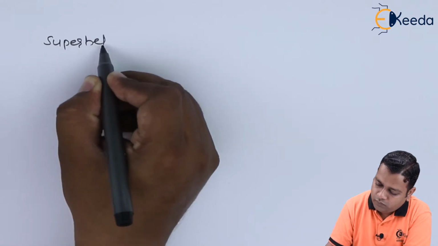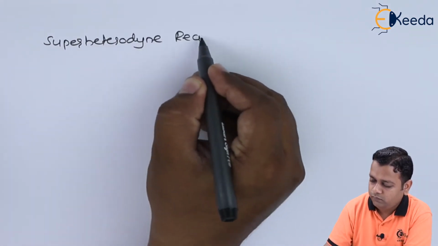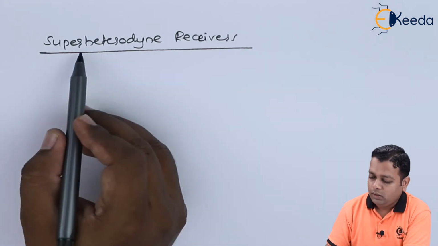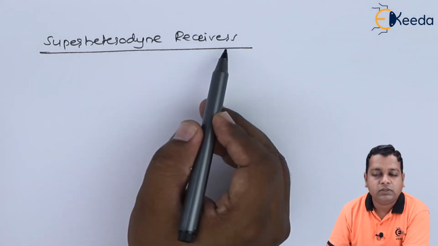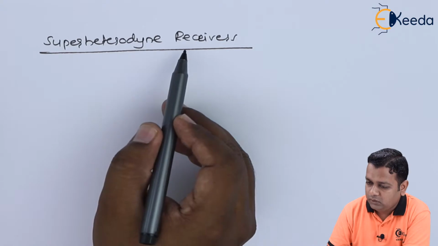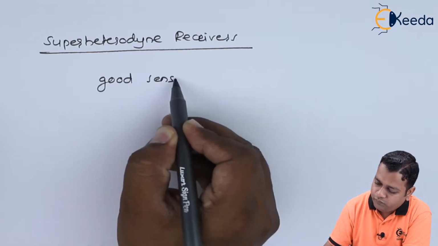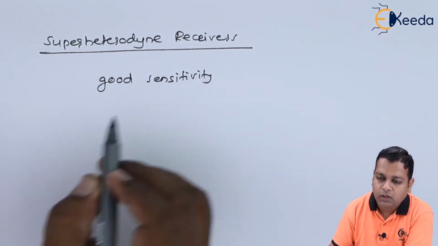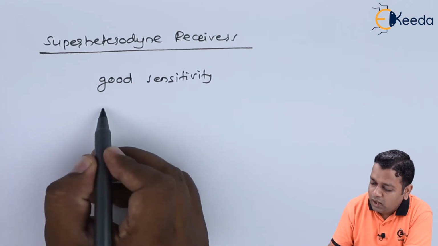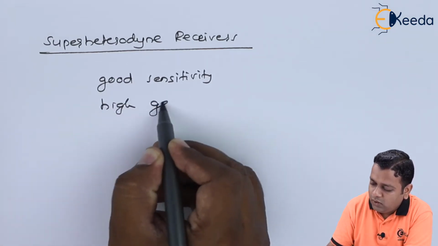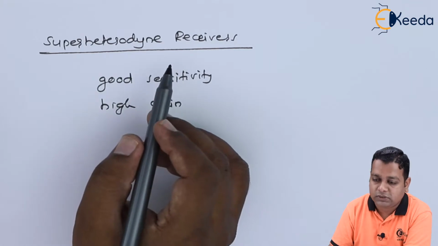Most often it is noted that for radar receivers, the structure is that of the superheterodyne receiver. The purpose of using the superheterodyne receiver is that it has good sensitivity. It also has a high amount of gain made possible by its particular structure.